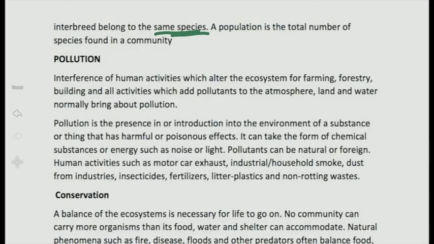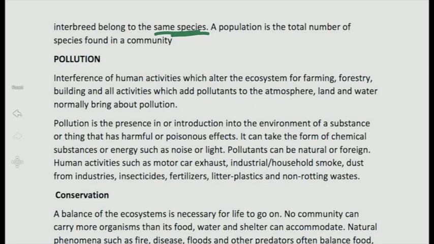A group of organisms that can interbreed or can be able to mate or reproduce in that particular area are called a species. They can interbreed, then they form a species. It can be maize, growing around maize.